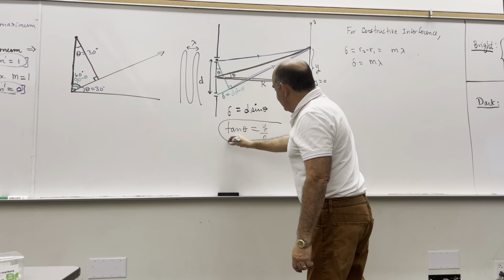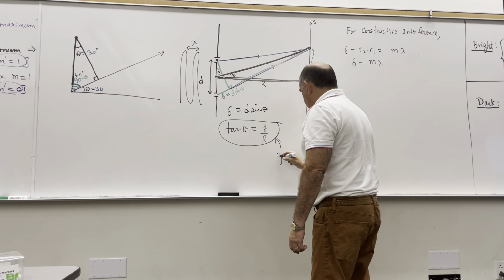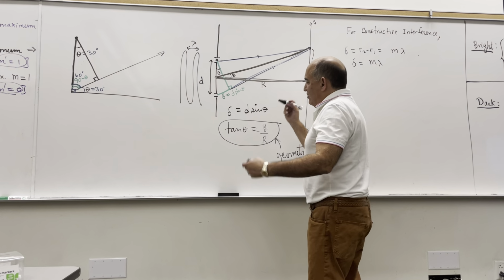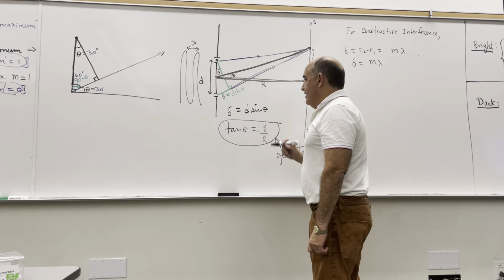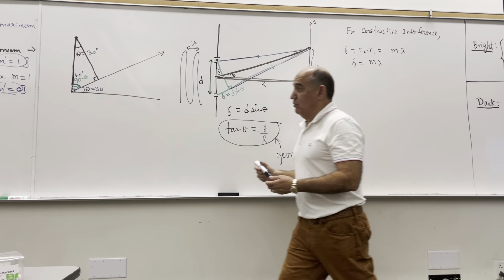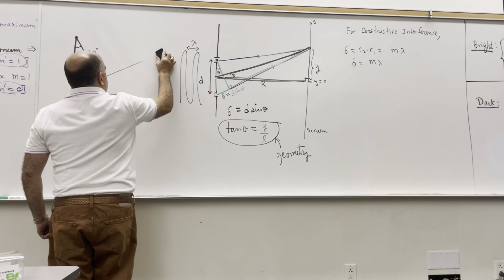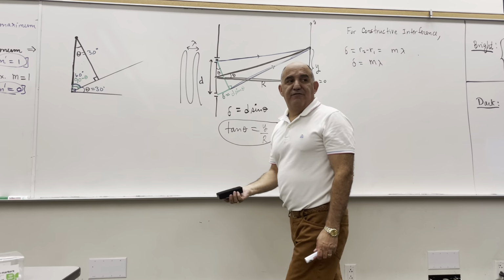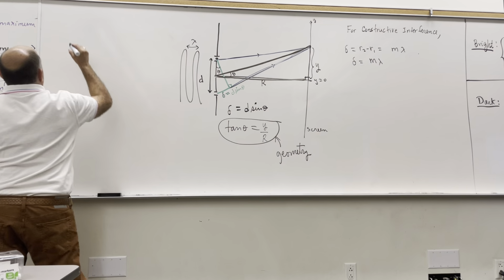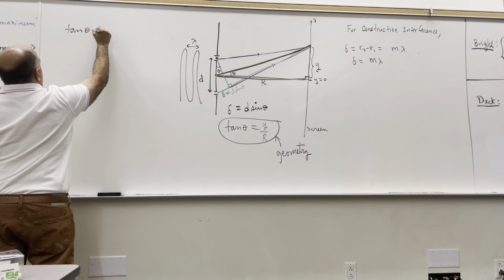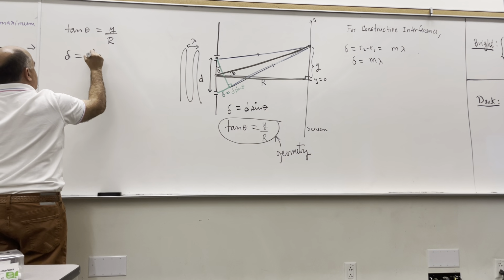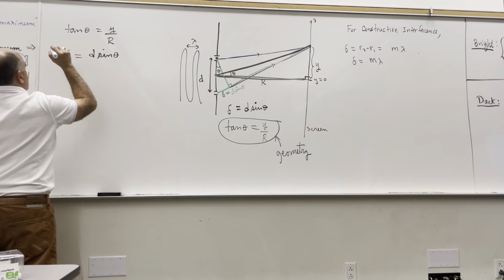So this is geometry, and this sine theta is also geometry, right? Now, if I want to consider a bright spot, I have from geometry that the tangent of theta is y over r, and delta is d sine theta. So both of these are geometry.